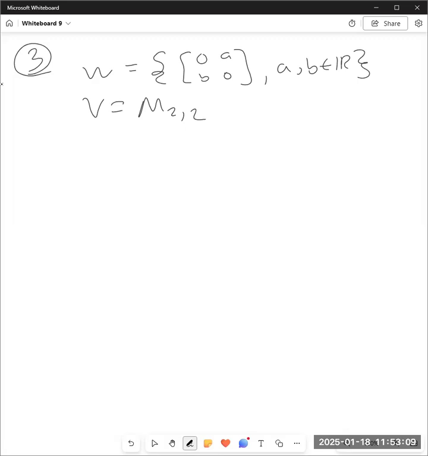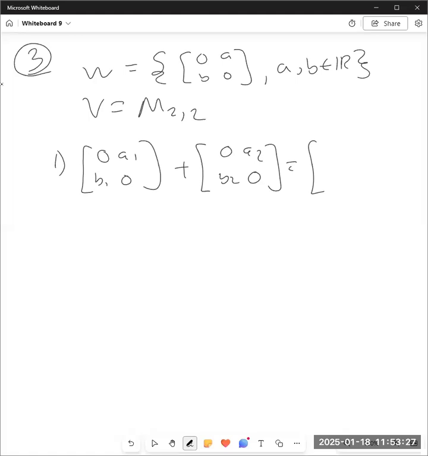And so we just test the two axioms. 0, A1, B1, 0 plus 0, A2, B2, 0 is equal to 0, A1 plus A2, B1 plus B2, 0. That is in this form, so that's in W. So we have closure under addition.